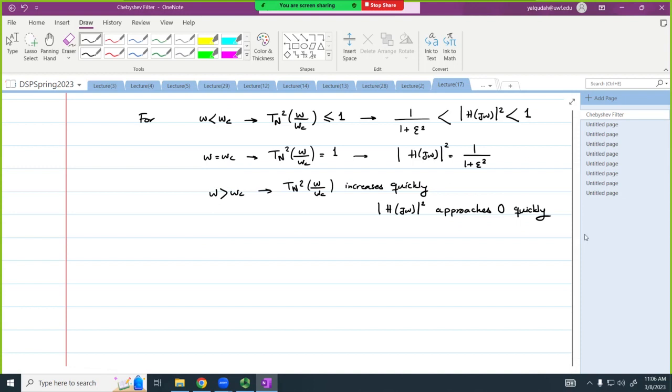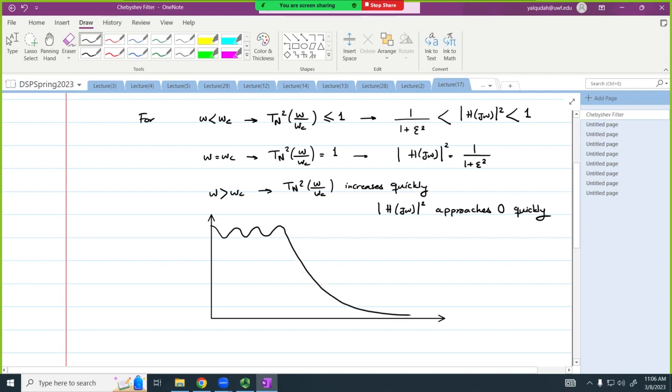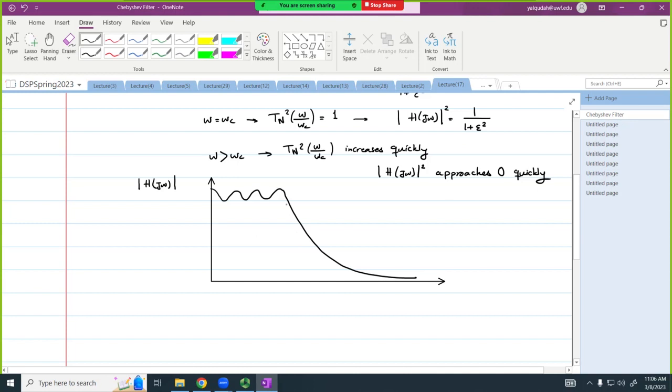So if I look at the frequency response of our filter, it's going to look something like this. The frequency response H of j omega is going to have a shape similar to this. We're going to have ripples when omega is less than omega cutoff, and then it's going to go down to 0 when omega is greater than omega c.